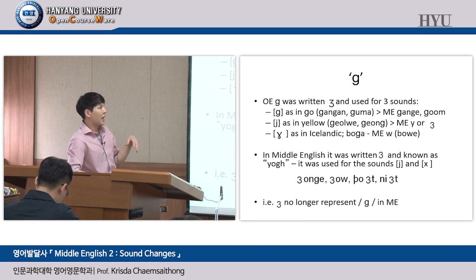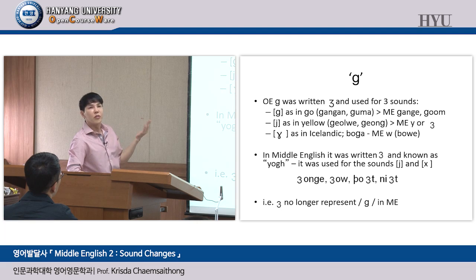And then the bow tie here, this is a fricative, like that, right? In Middle English, it was written more cursively like the number 3 and still called a yogh, and it was used for only the last two sounds, the y and the bow tie, right?